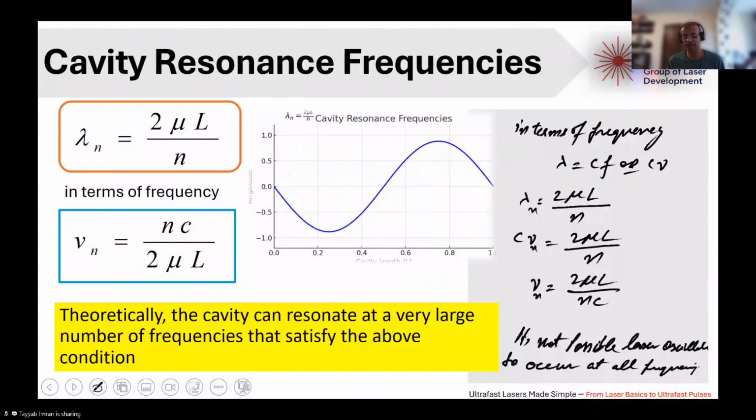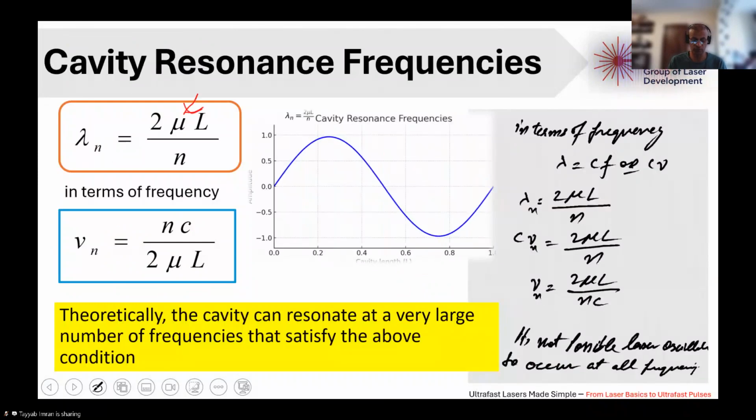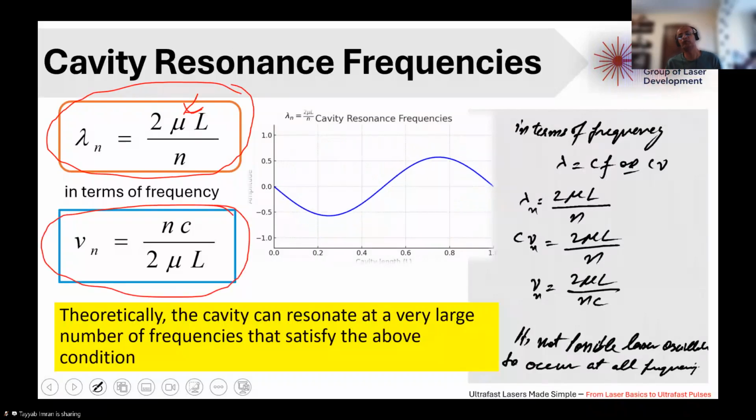Similar kind of thing, but in a different way, the cavity resonance frequencies. We have a formula here, this one. This is the refractive index. This is the wavelength formula. This is the frequency formula. So this formula can also be converted to frequency.